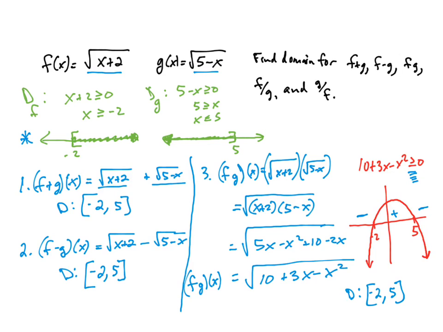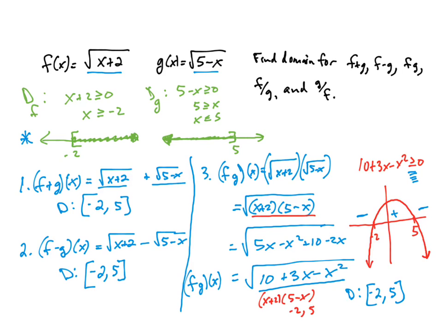A second way you could do this would be to factor the radicand here. And if we factor the radicand, we're going to end up with just what we had in those two, x plus 2 and 5 minus x. So the critical values are going to be -2 and +5.